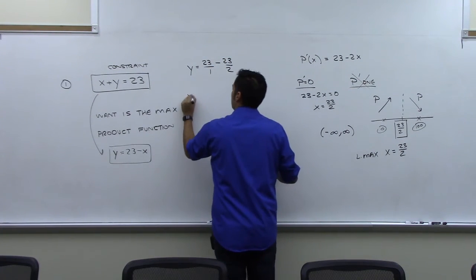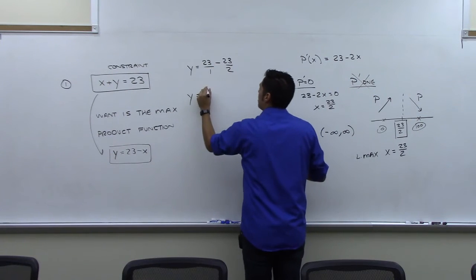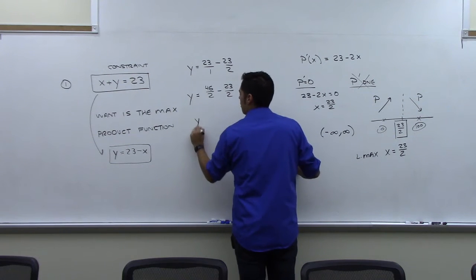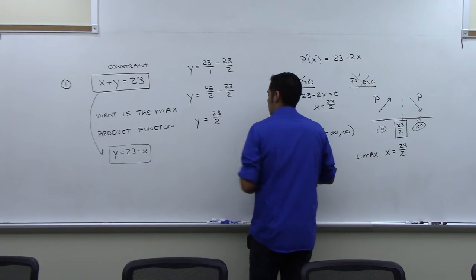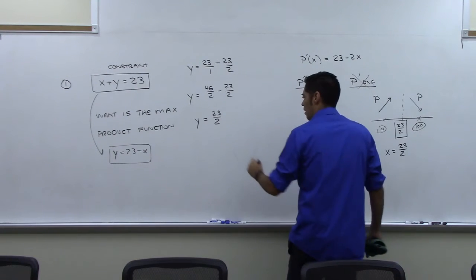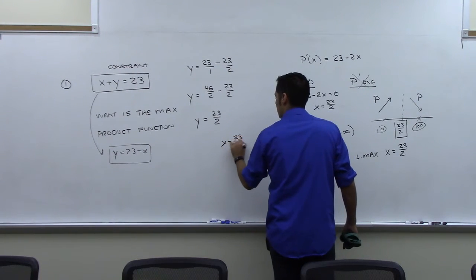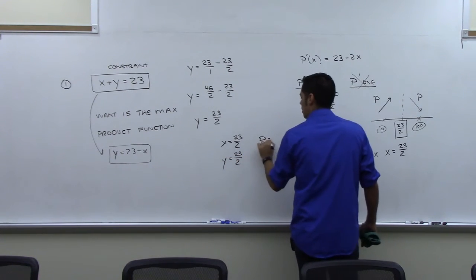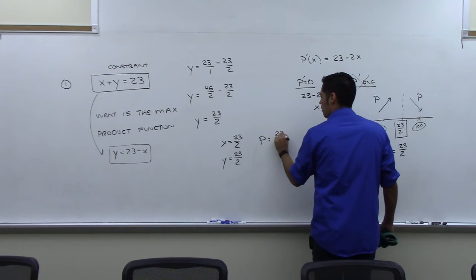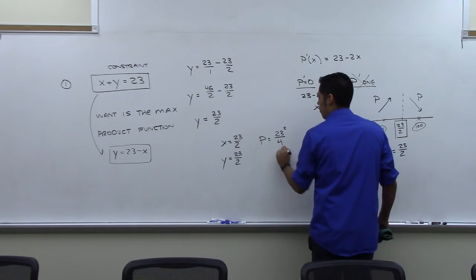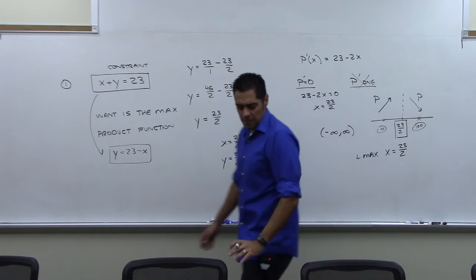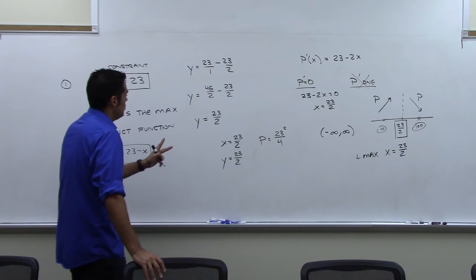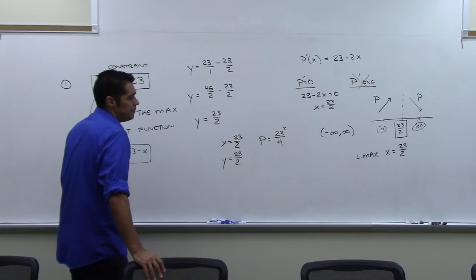So I get a common denominator and multiply by 2 on top, so I get 46 halves minus 23 halves, which is 23 halves again. So the two numbers that I would need are x equal to 23 halves and y equal to 23 halves. Their product is going to be 23 squared over 4, whatever that number is. And that's the biggest possible product I could ever get by multiplying two numbers that add up to be 23.